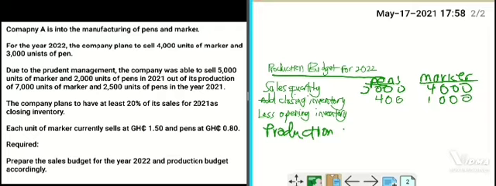That should be carried forward. So to get the opening inventory for 2022, which is essentially the closing inventory for 2021, we take the production of 7,000 units and subtract the sale of 5,000. That leaves us with 2,000 for marker.